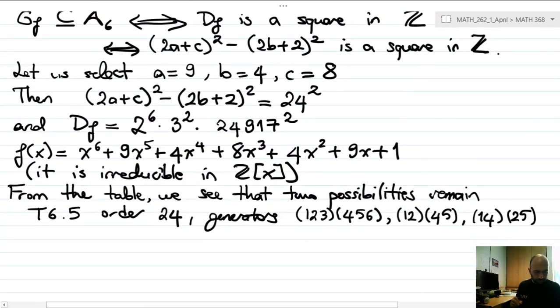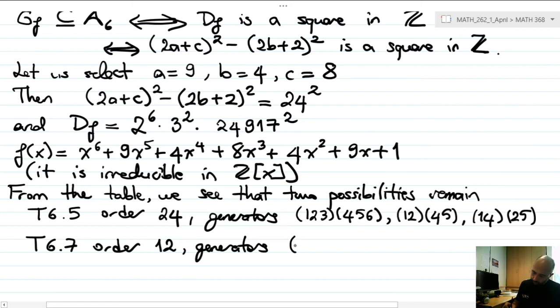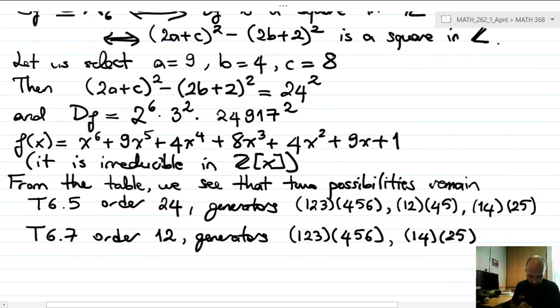This is one possibility, and there's one more, T6.7, order 12, and generators (1, 2, 3, 4, 5, 6) and (1, 4, 2, 5). So this is like an index 2 subgroup here. It misses this extra element, right? So you have these two possibilities.